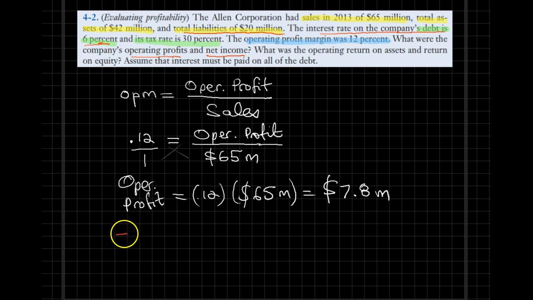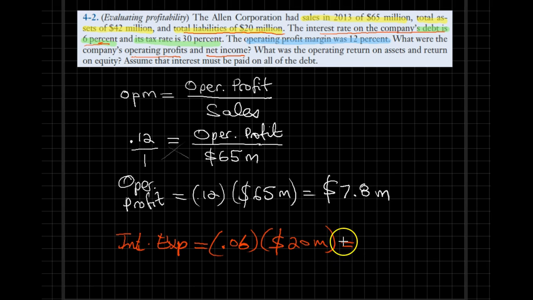Our interest expense equals the debt rate, the interest rate, which is 6%, times the total liabilities of $20 million. Once we multiply those two figures, we should get $1.2 million.